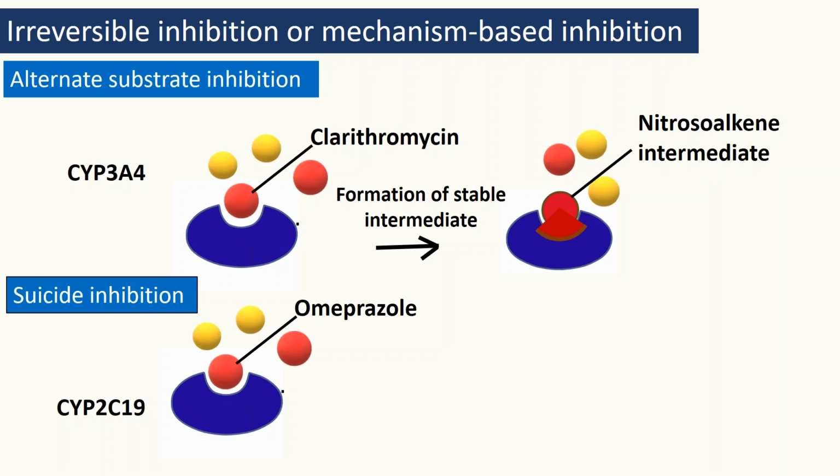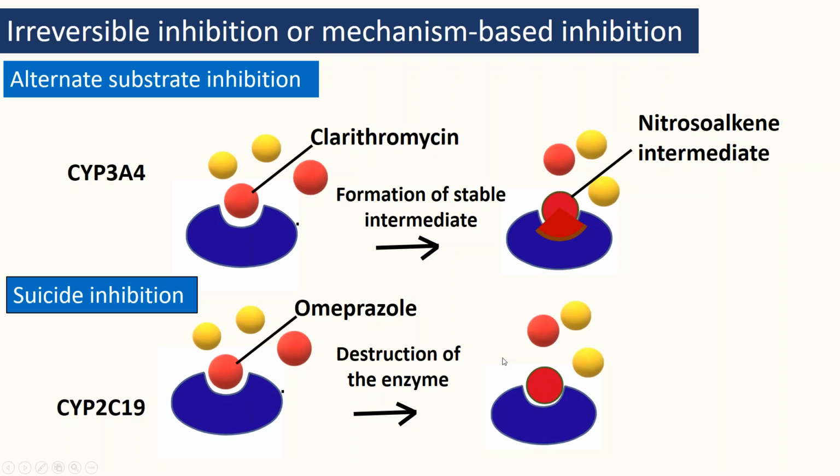Omeprazole and other proton pump inhibitors are examples of CYP2C19 enzyme inhibitors. These drugs bind to the active site and destroy the enzyme structure by binding to it, which makes it an irreversible suicide inhibition.